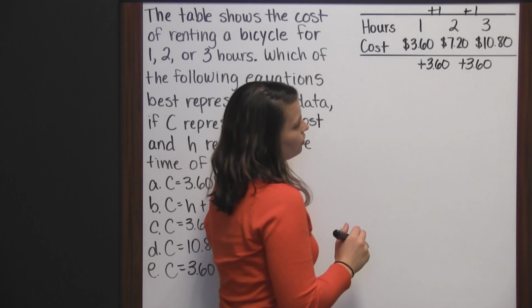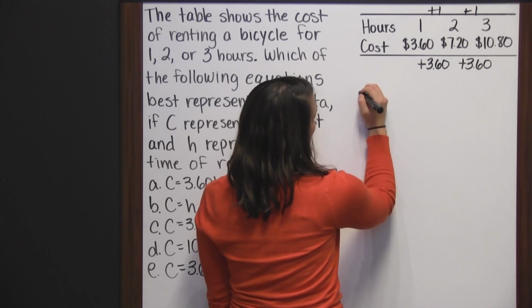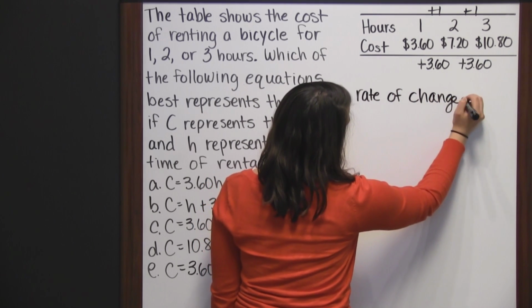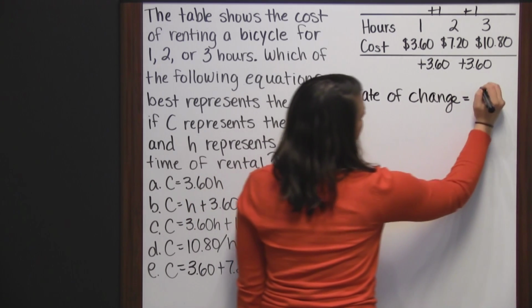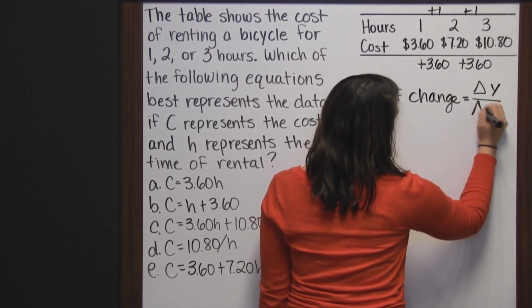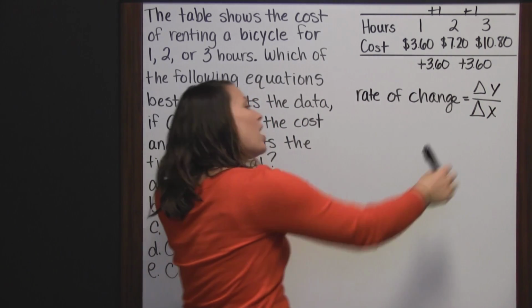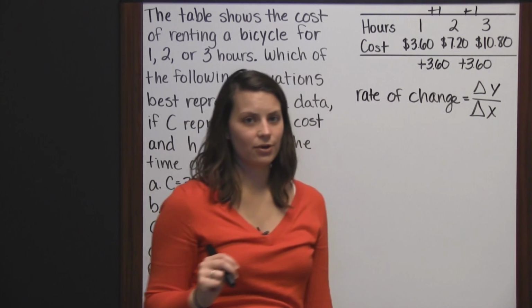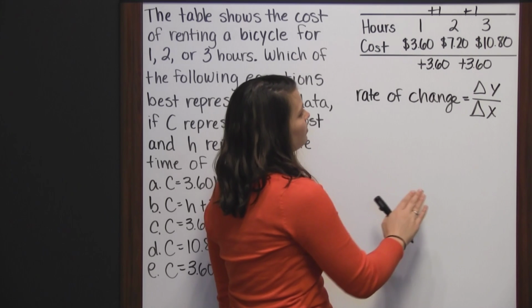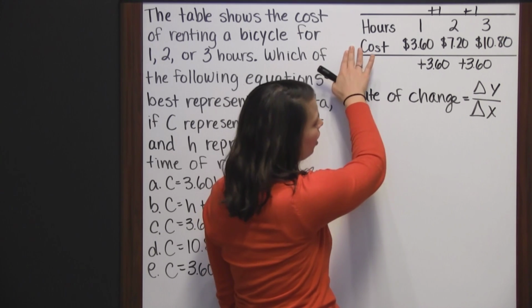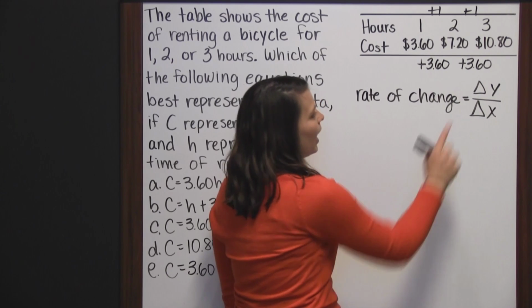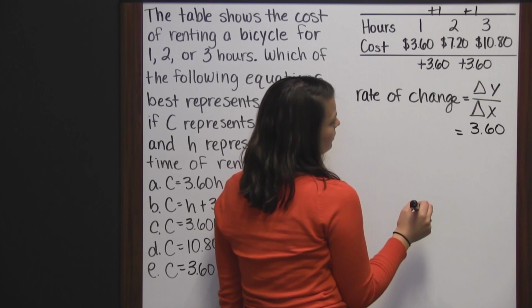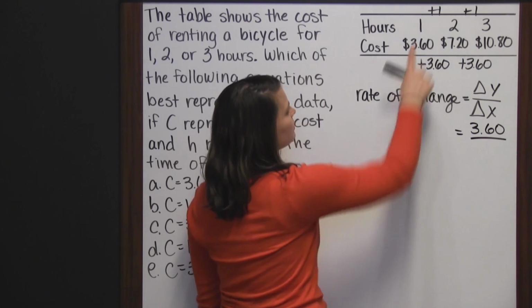So to write my function rule, I simply need to find my rate of change, which is the change in Y divided by the change in X. And the Y is the dependent variable, whereas X is the independent variable. And we've already established that our cost is dependent, therefore our cost is our Y. And we've already found the change in Y, it's $3.60, divided by the change in X, 1.